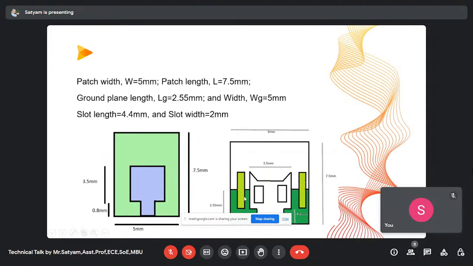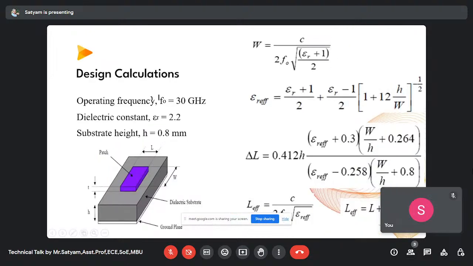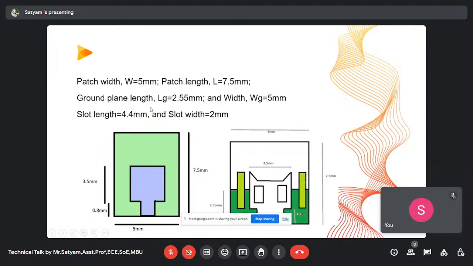This is what I have made for millimeter wave communication. With these dimensions and parameters, the patch width is 5 millimeter and the length is 7.5 millimeter. It's all for millimeter wave application.